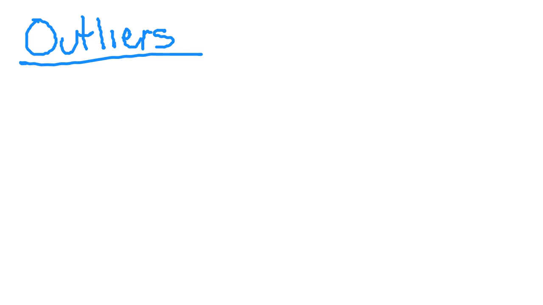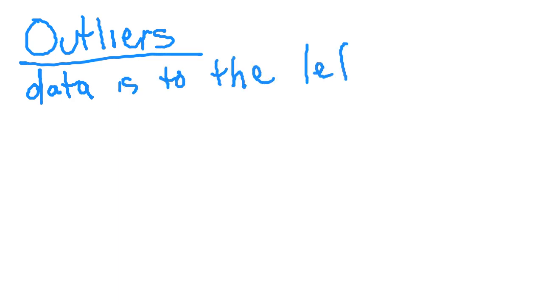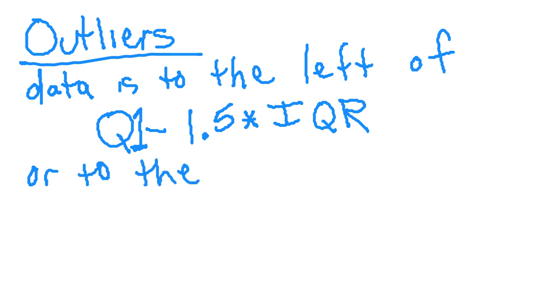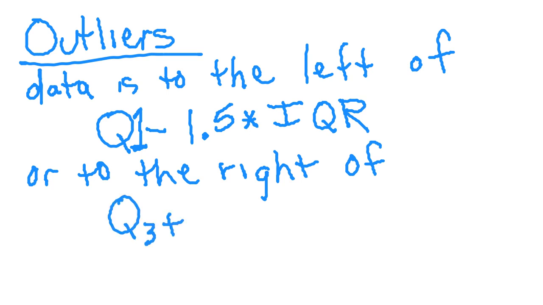So outliers are data that is to the left of Q1 minus 1.5 times the interquartile range, or to the right of Q3 plus 1.5 times the IQR.